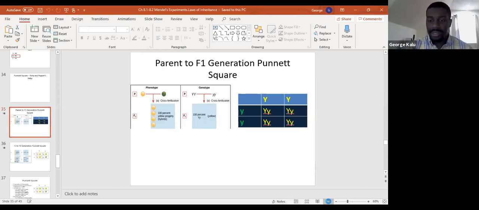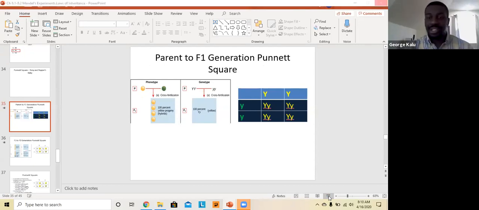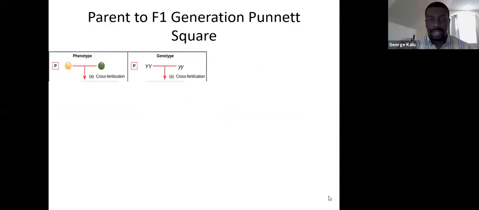Last class on Tuesday, we were going through Punnett squares. So we were starting to dip our toes into the water of how Punnett squares work. Last time we had finished up with this example, where we took a homozygous dominant yellow seed pea plant and mated it with a homozygous recessive green seed plant.